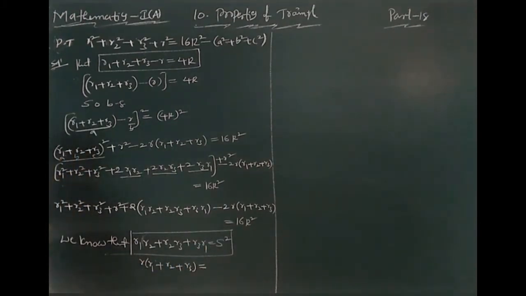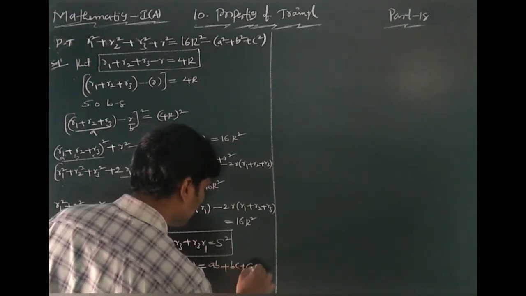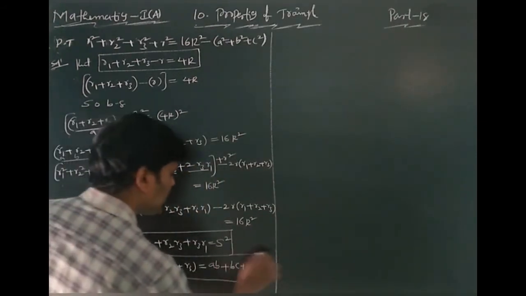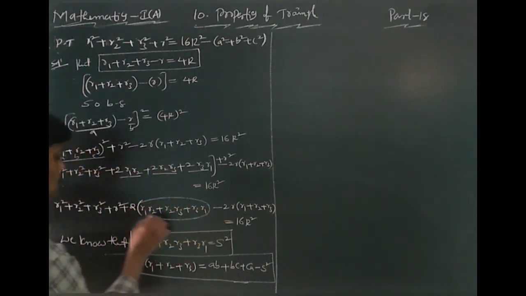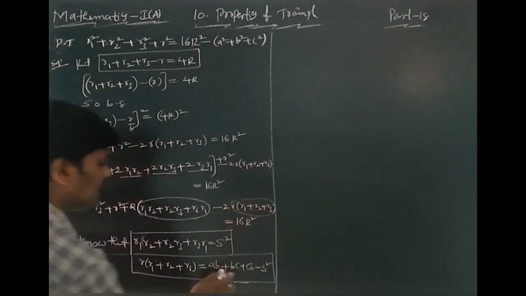You know that r(r1 + r2 + r3) is equal to ab + bc + ca minus s square. These two values you know. That's why, in place of this value you can write s square, and in place of this value you can write this total.